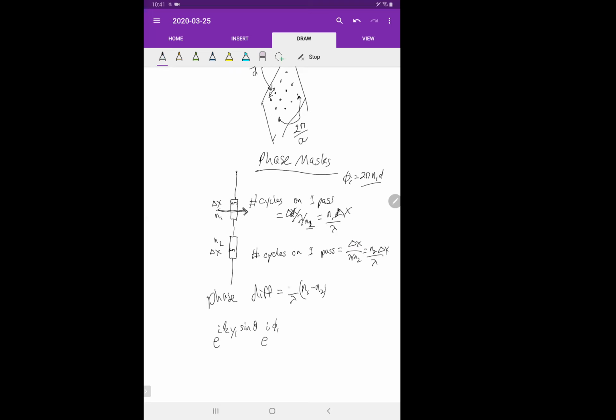And phi2 will be n2 delta x times 2 pi over lambda.